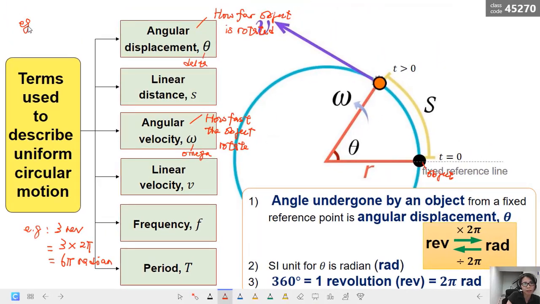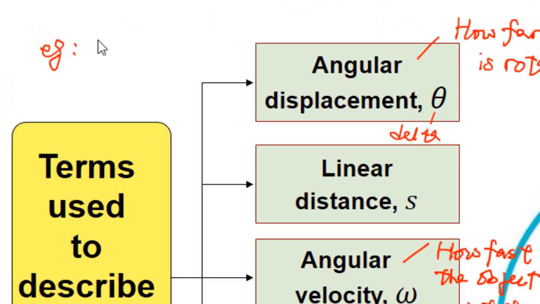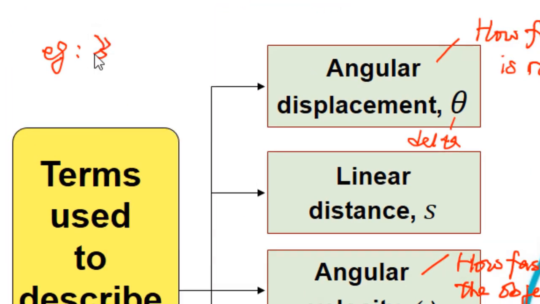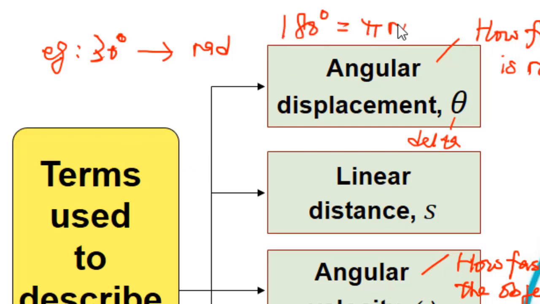Or, for example, I might have 30 degrees. So, I want to change it to radian. So, I understand 180 degree is pi radian, or 360 degree is 2 pi radian. So, what I'm going to do is divide the 30 degree by 180 times pi.